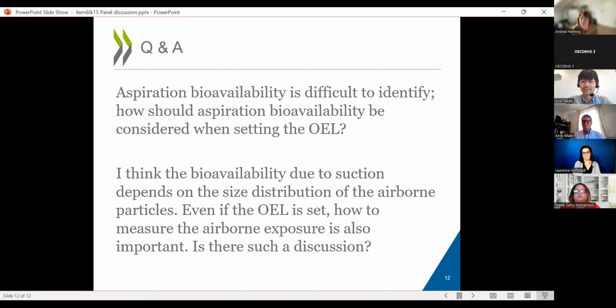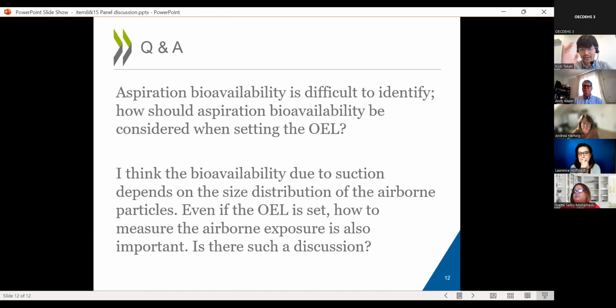This would give you a very good idea what's really taken up, in spite of this diversity for aspiration and so on. Thanks, Andrea. The OECD has recently published, or will publish, a guidance document on setting occupational biomonitoring values. So it may help you with some of it. Thanks.